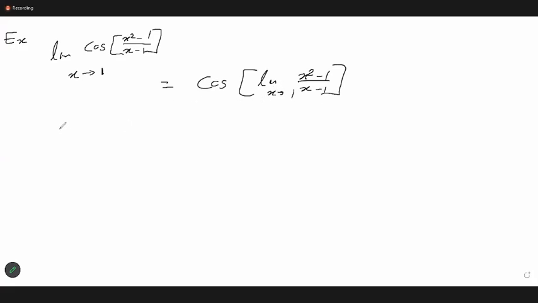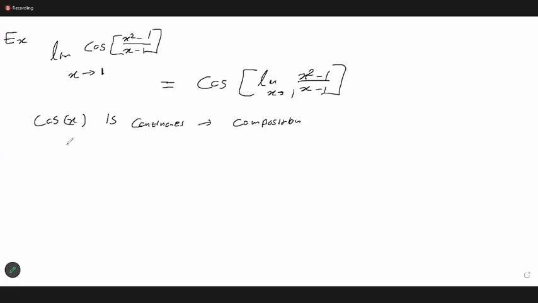This one is valid. So why is this one valid? Only because of the cos function, cos x, which is a very basic function. This is a continuous function, right? So in here we see the composition of functions. If the cos function is continuous, we can do this. If this one is not continuous, then we cannot do this.